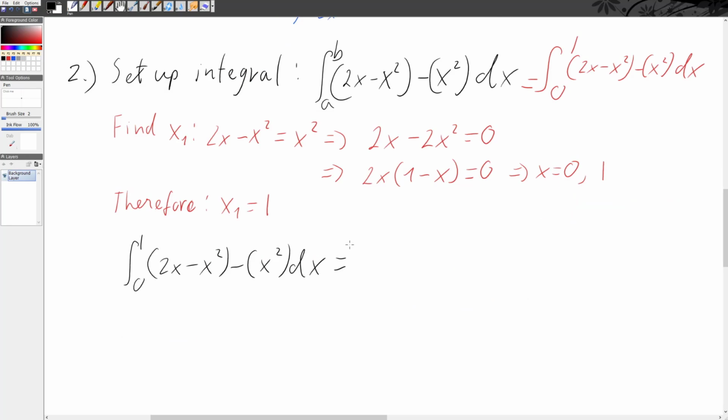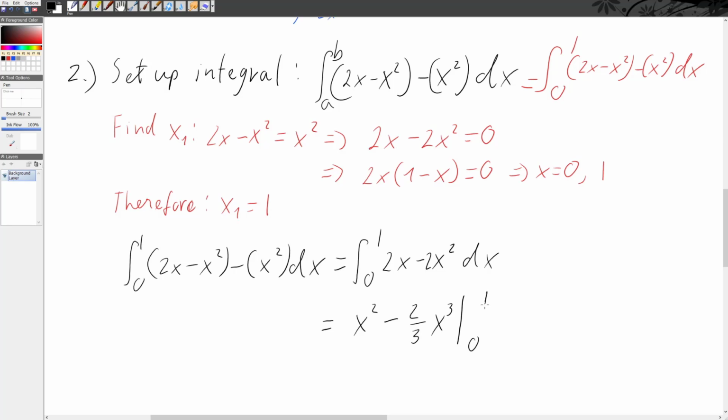So we just solve this. That's going to be from 0 to 1. Now we just integrate. Integrating the first term gives us just x squared. Integrating the second term gives us 2 over 3 x cubed.